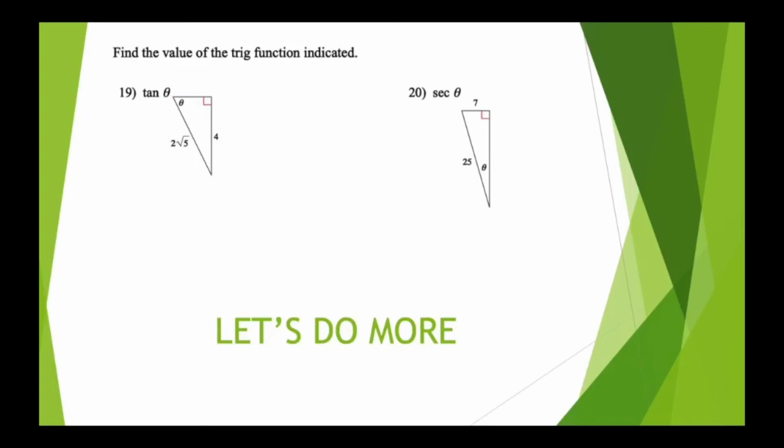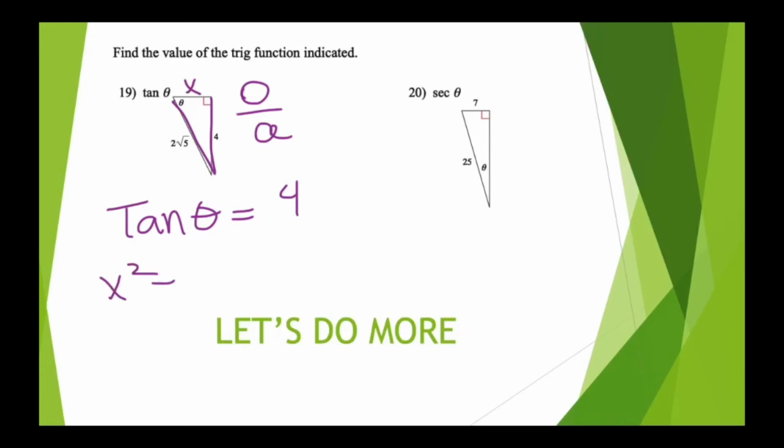The opposite over the adjacent, the opposite's here, is 4. But the adjacent, we don't have that one. We don't have this value over here, which is the adjacent. We're going to have to find it. We know this leg and this hypotenuse, but we don't know that one. We're going to call it x.